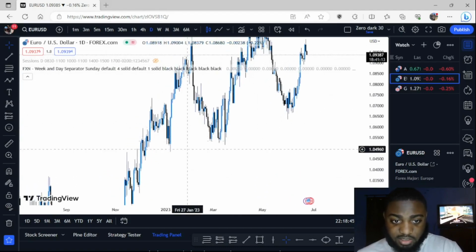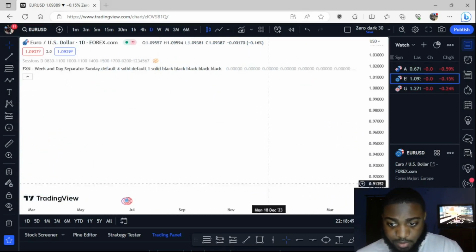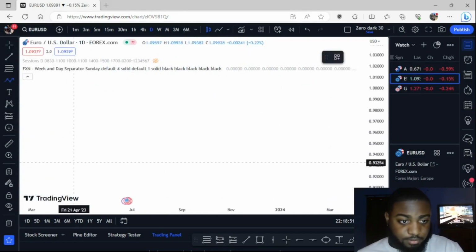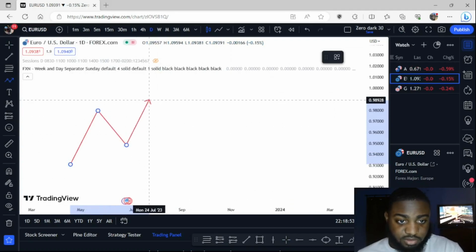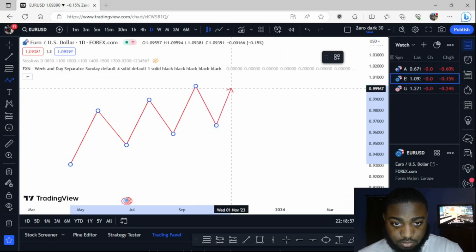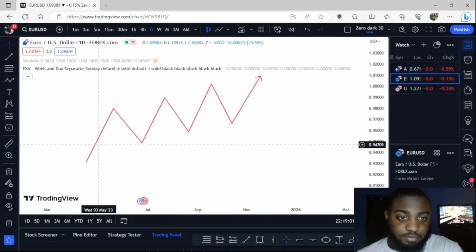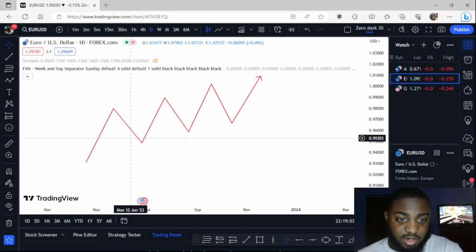Now, why is this high staying the same? We're going to go back over market structure. Liquidity works something like this. This is somewhat of how liquidity works, right? You have a higher high, higher low.